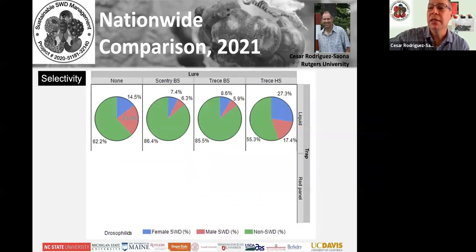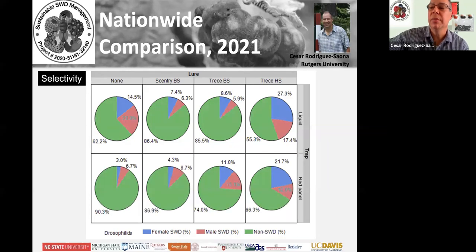So when we looked at selectivity, these are the proportion of spotted wing Drosophila females in blue, males in red, and non-spotted wing Drosophila flies in green across the different lures in the liquid traps. As you can see, selectivity was less than 50% for all the treatments.